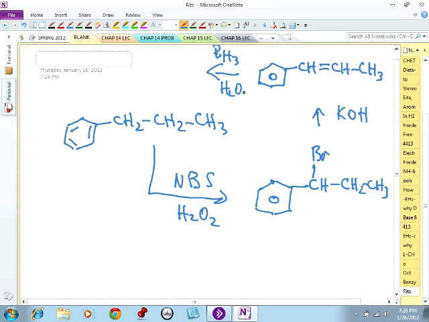Hydrogen peroxide. What do you expect to get? Hydration, exactly. So this is a way to get, all the way from benzene, to make this molecule, right? So you begin to see some of the things that we could do with this.